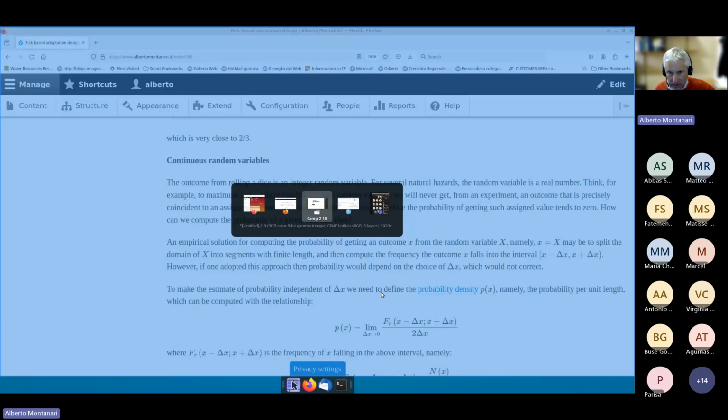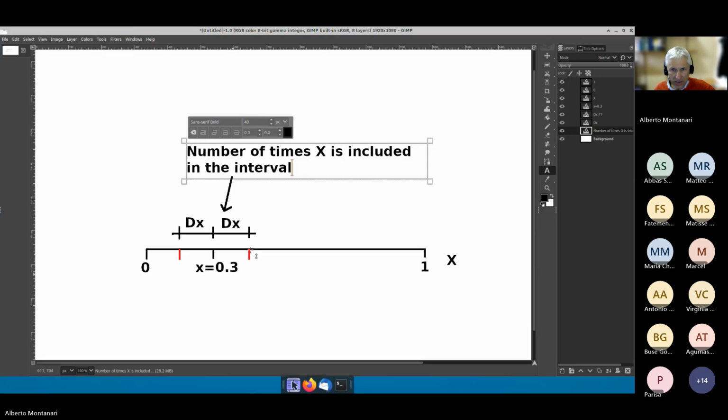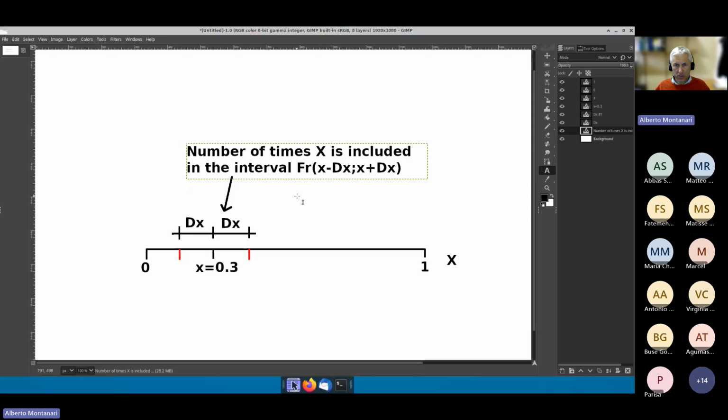What I indicated here is that I am computing the frequency FR between x minus dx and x plus dx. So I can compute the frequency for each interval, for each x value.